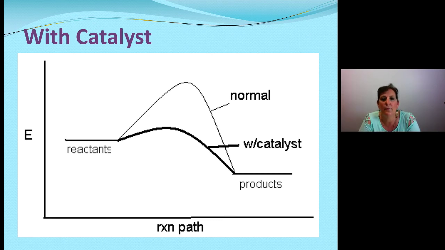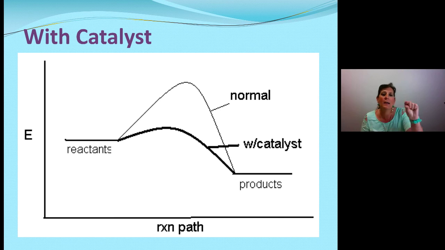Now this is basically what an energy profile looks like with a catalyst. Remember the catalyst I told you makes a second reaction pathway with a lower activation energy to get to the products. So here we have an exothermic energy profile. You can see the normal path with a higher transition state, higher height of the hill, higher activation energy.